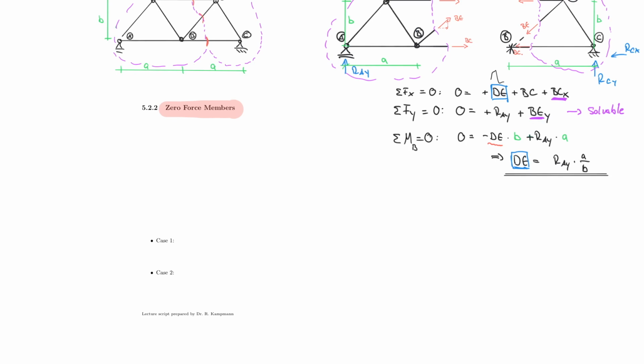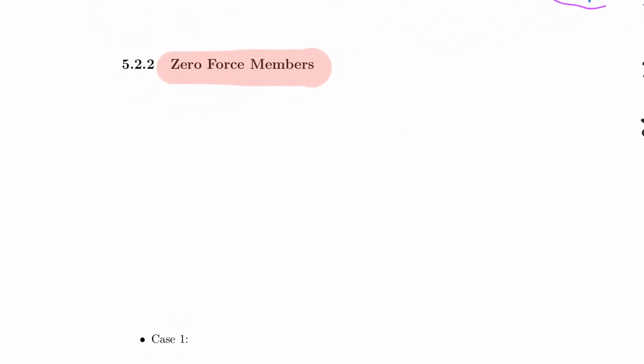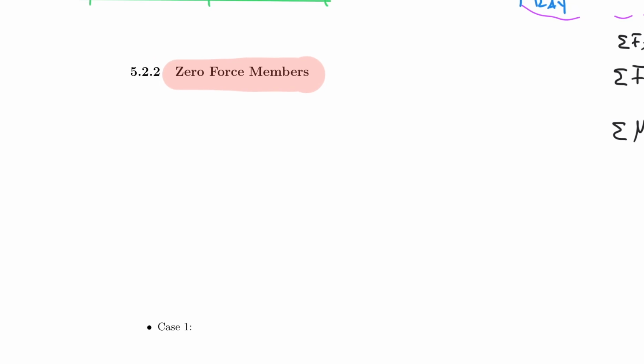We already started talking about zero force members just analytically in one of our last examples when we talked about the method of joints. And what you've seen there was a joint that looked something like this. So there was a hinge here. We cut through one member, another member, and another member. And I already told you that we had 2 parallel members that were joined, and I purposely said that last time, by a random third one.